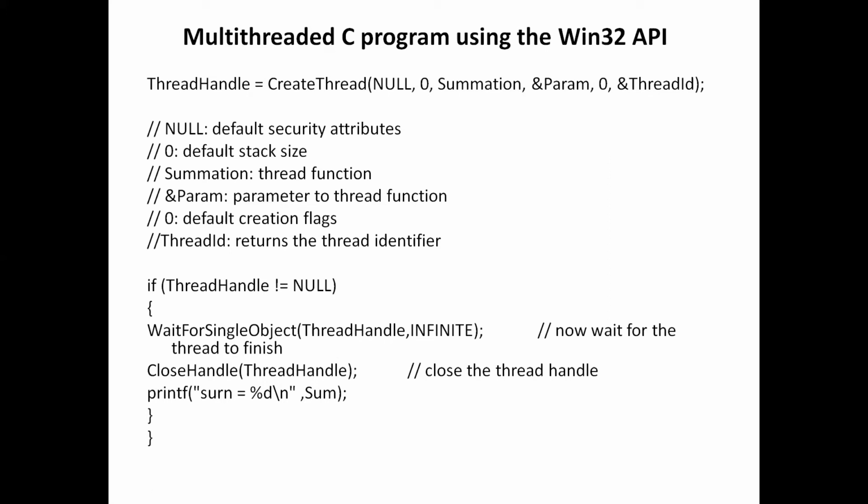After execution of Summation, the CloseHandle method is called to close the thread handle. Then we print some value in this program. This is the multi-threaded C program using Win32 API.